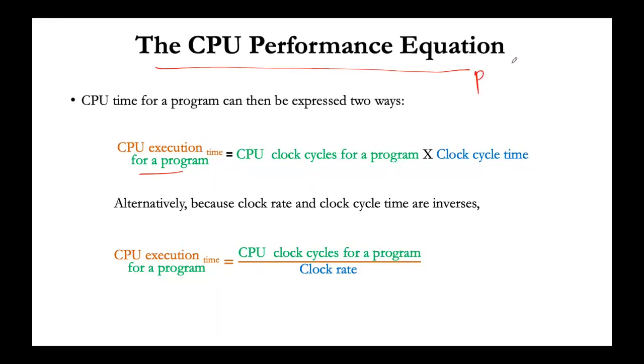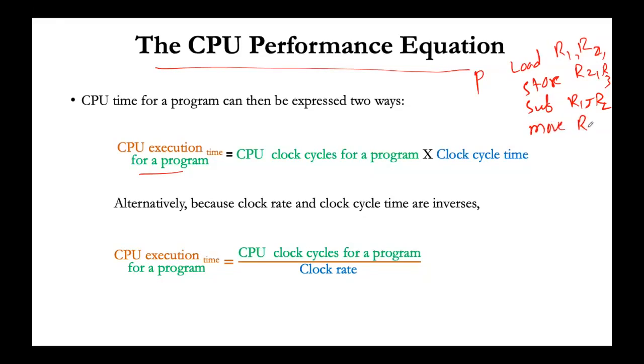Suppose I have a program with these instructions: load R1, R2, then store R2, R3, then subtract R1 minus R2, and then move R3, R4.